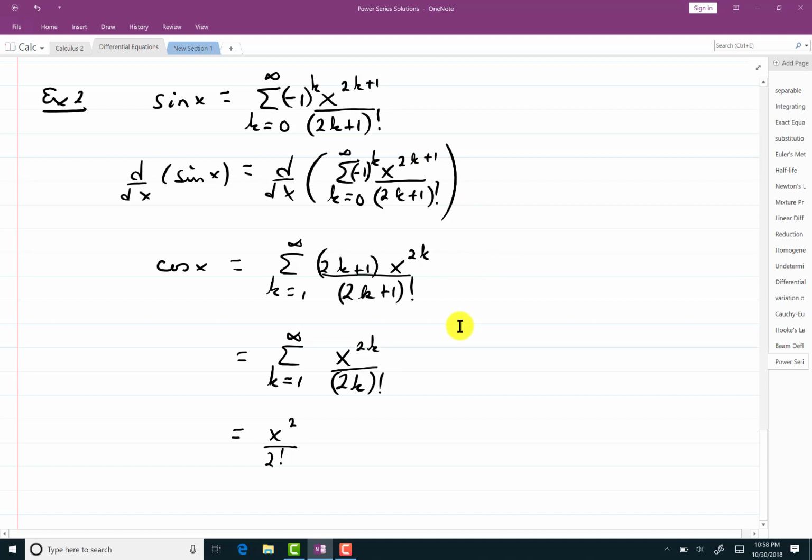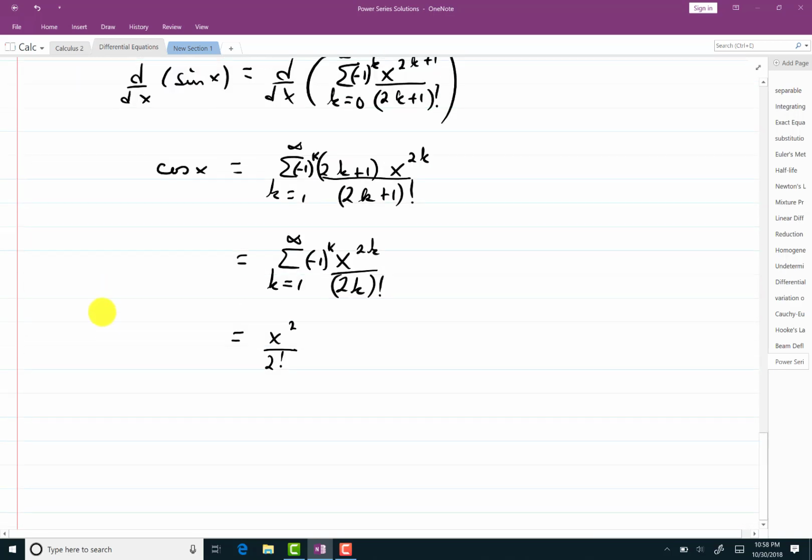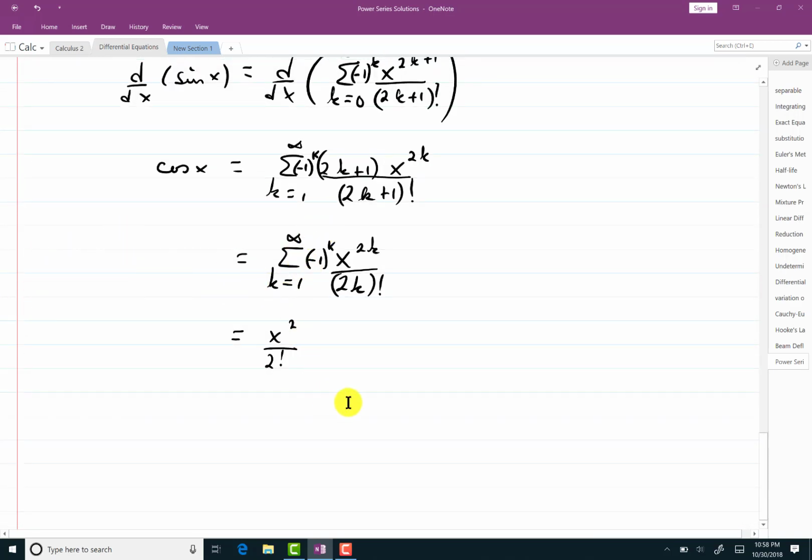Negative 1 to the k. There we are. That way, when k equals 1, this is a negative number. And then we'll have x to the 4th all over 4 factorial. In fact, the 2k is always going to be an even number, just like the 2k plus 1 was always an odd number. And this will alternate in sign.